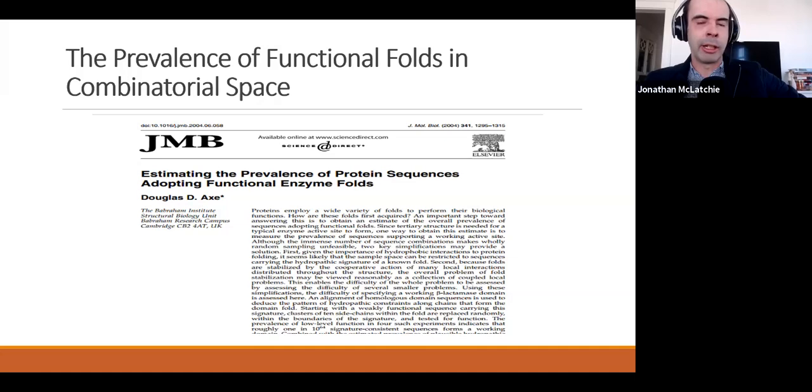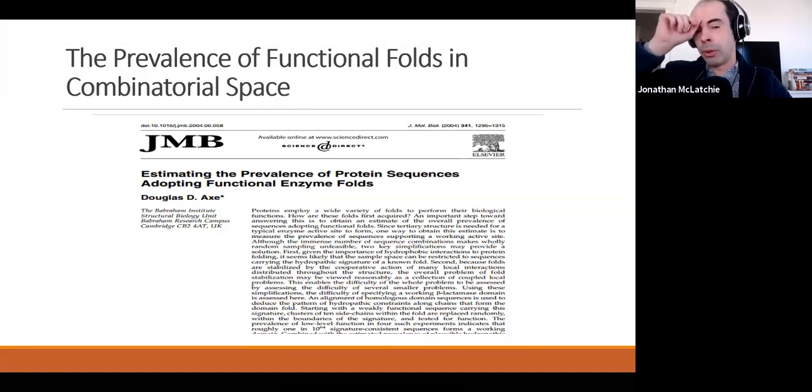But basically, he directed a site-directed mutagenesis experiment where he randomly altered the amino acid sequence of a particular domain of beta-lactamase, and according to his paper, his estimated ratio of stable and functional protein structures within combinatorial space is roughly 1 in 10 to the 74th power.